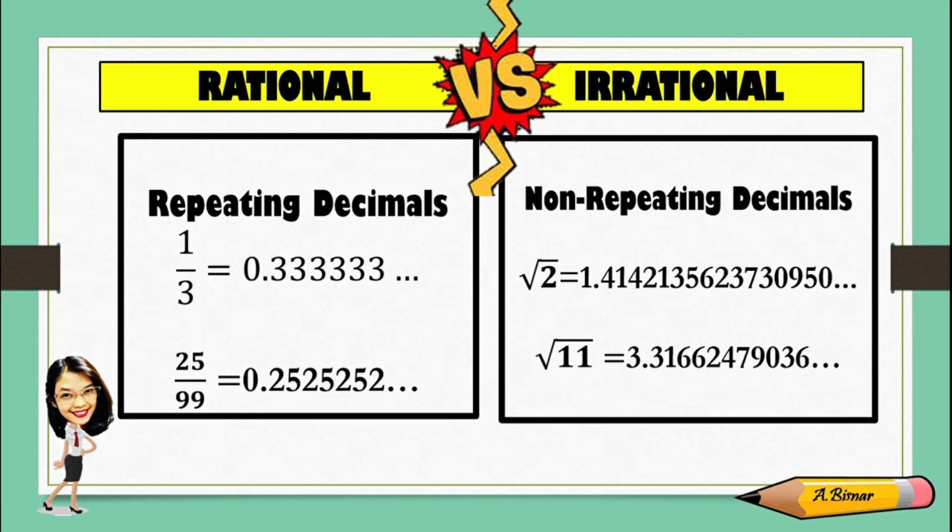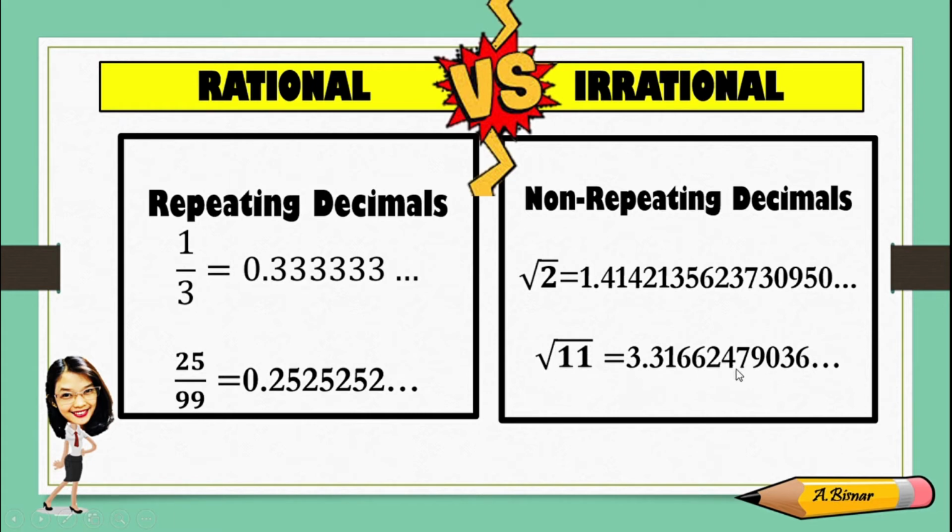Next, non-repeating decimals. What do we mean by this? Well, say we have the square root of 2. As you observe from the given answer, the decimals do not repeat. Same with the square root of 11.